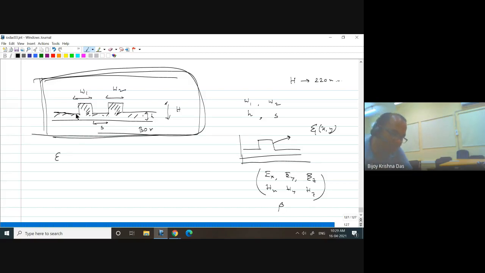You consider the entire structure as one unit. Instead of solving mode profiles for each individual waveguide, you solve for the whole cross section. There also you can get eigenmode solutions.